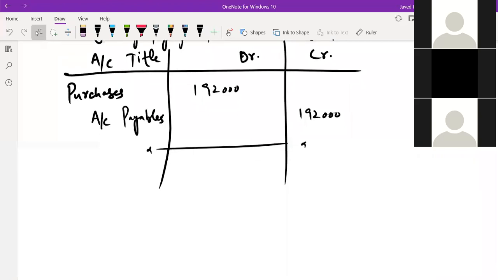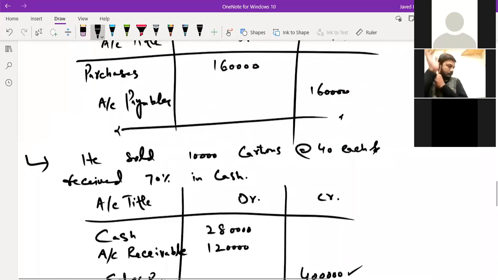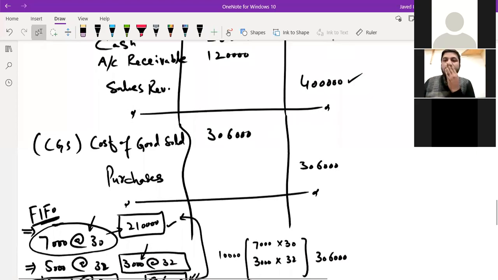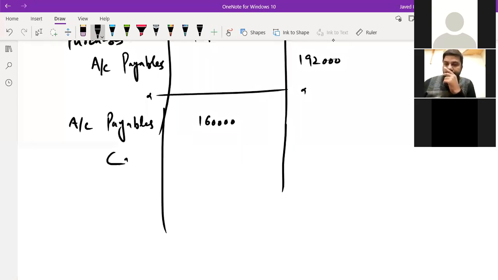Previous credit can be paid by closing the previous accounts payable. The previous accounts payable was 160,000, which is paid by debiting it, and by paying cash of 160,000.